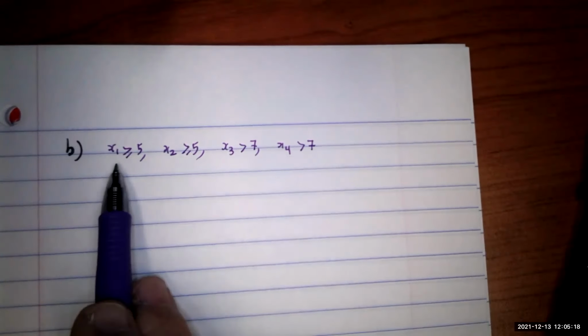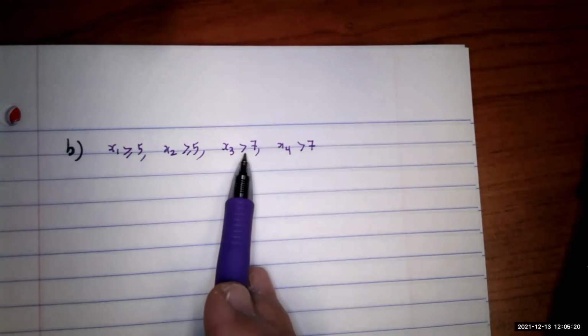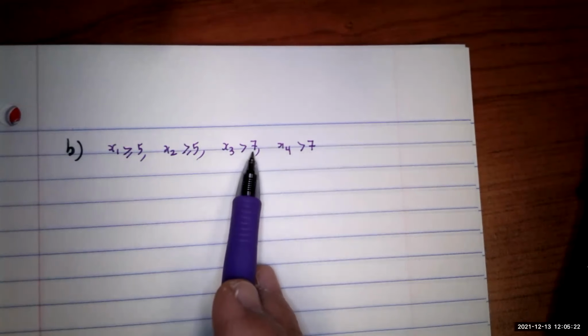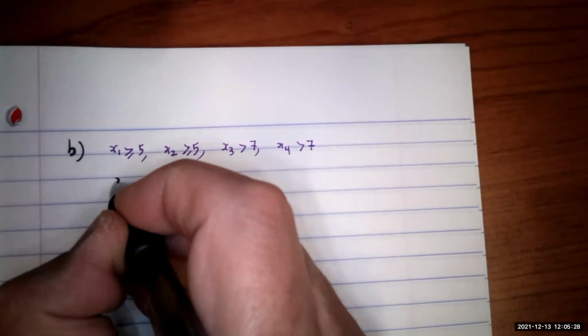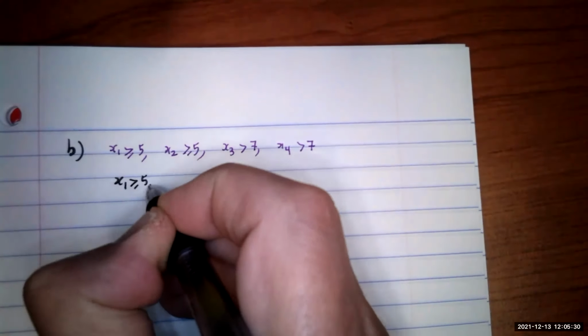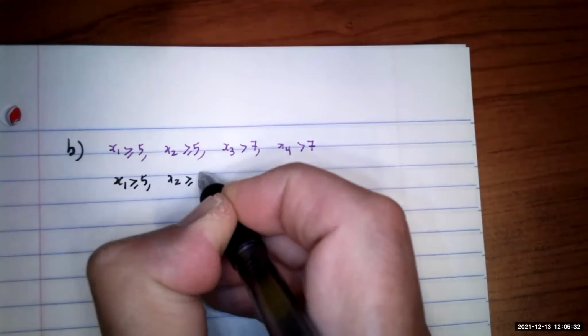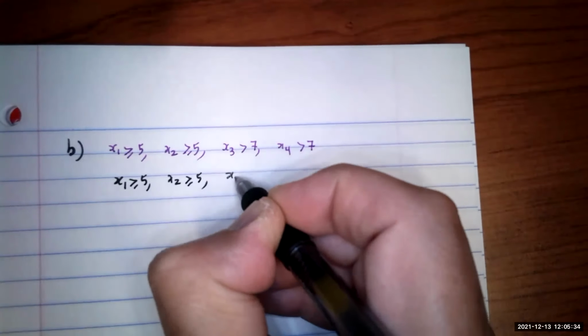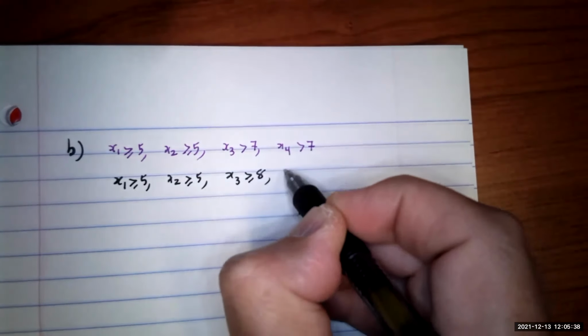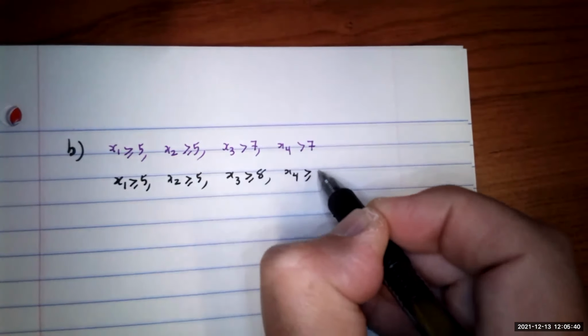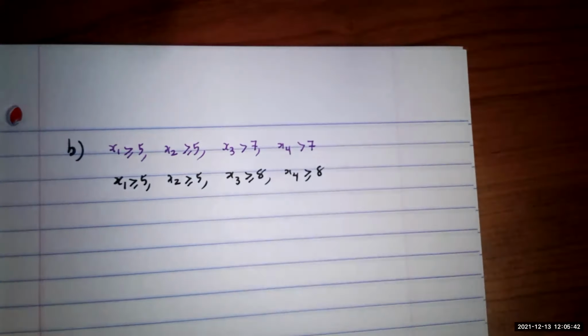So what we are going to do first is, x3 greater than 7, since we are looking for the integer, we can change this into greater than or equal to 8. So this is going to be greater than or equal to 5, greater than or equal to 5, and x3 would be greater than or equal to the next number, which is 8. And x4 would be greater than or equal to 8 again.